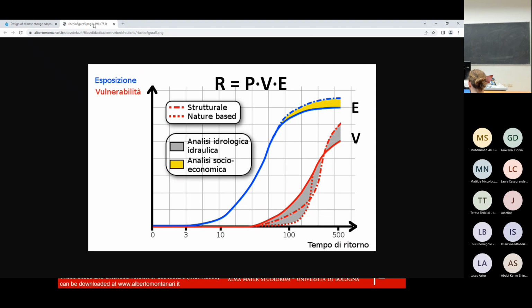Here I also highlight the model that you should use to estimate these changes: a hydrologic model if we are considering a dam, a heat model if we are considering heat waves, and a socioeconomic model if I want to decipher the changes in exposure.